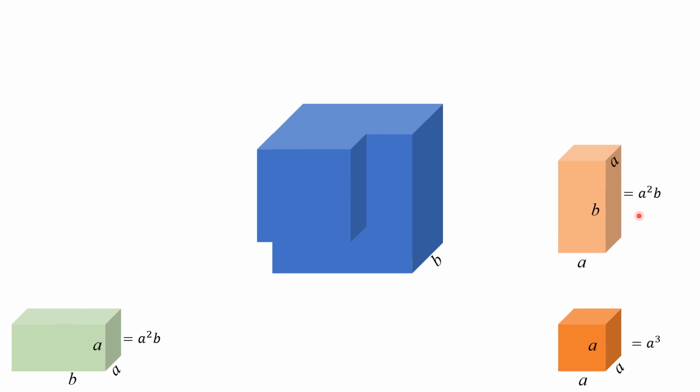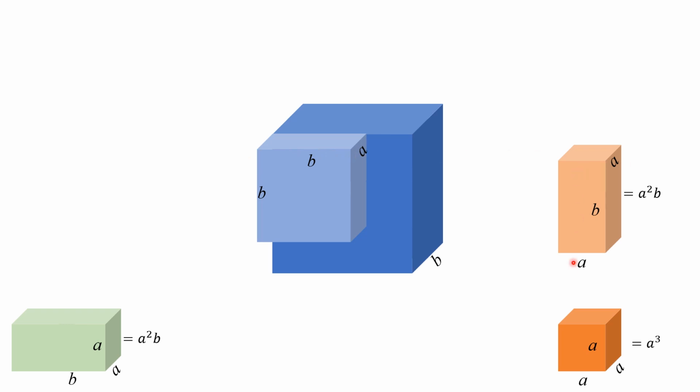Now again think about a smaller rectangular parallelepiped like this. This rectangular parallelepiped is of height b, length b and breadth equal to a, because this breadth is a, and here it is also equal to a. This length was b, and the total length was a plus b.